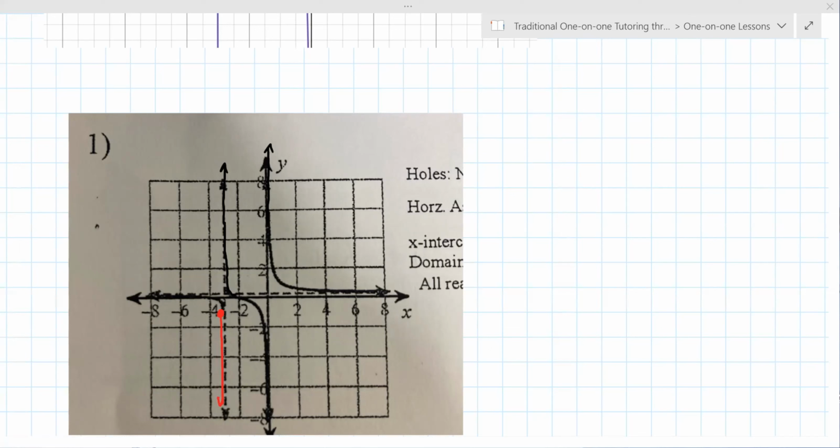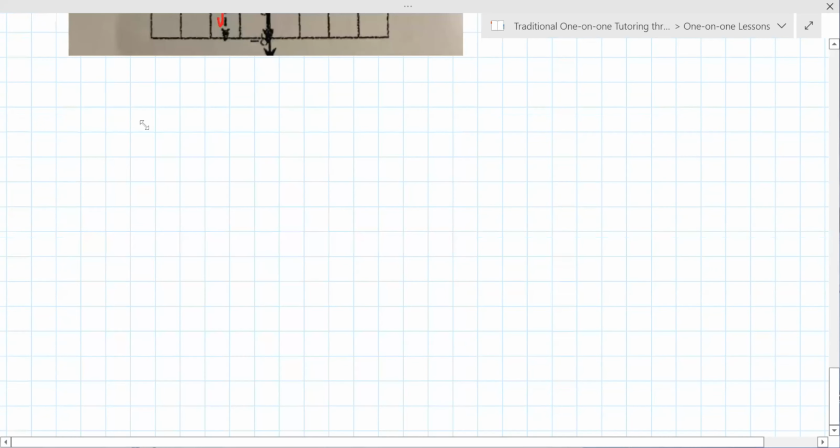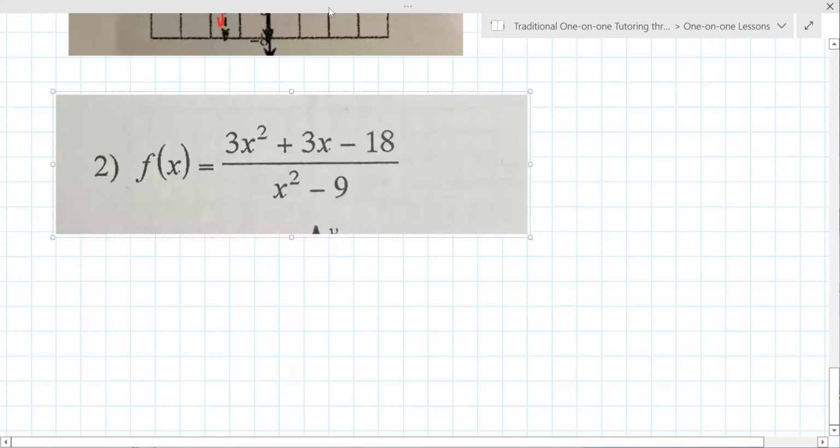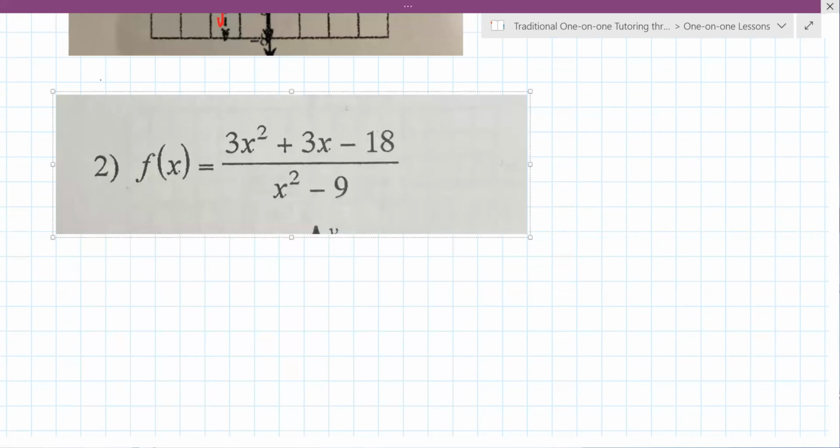All right, so let's look at that next question, and I'll try real hard to not screw up here from the beginning, because that was really bad. First thing is to factor the numerator and denominator.